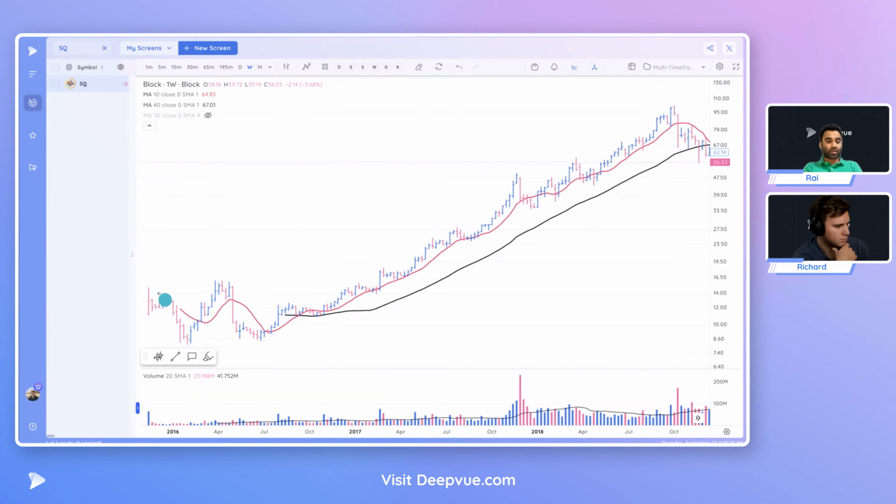Some IPOs can build an IPO base and just go right up to the right side here. Some of them won't do that, right? It caught my eye right around here in 2016, July to October area, when it tightened up quite a bit. And we'll go over how you can visualize that tightness as soon as we're done with this small presentation in Deepvue as well.